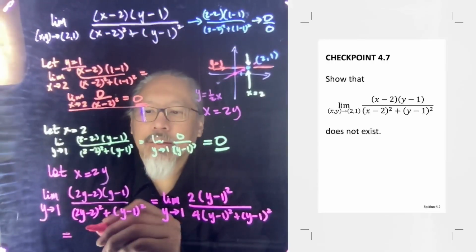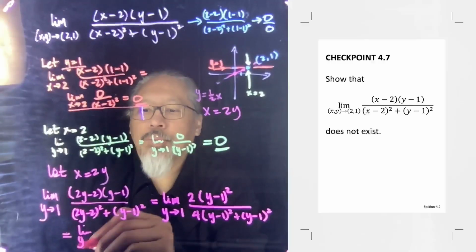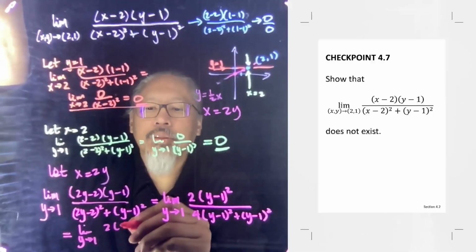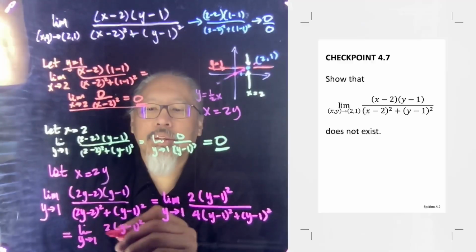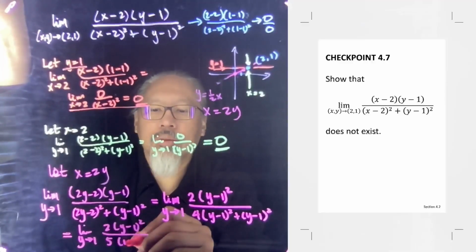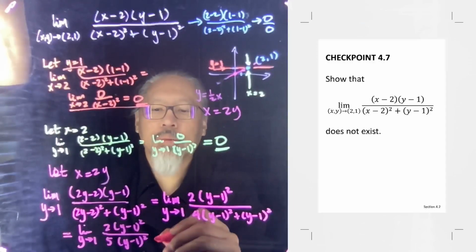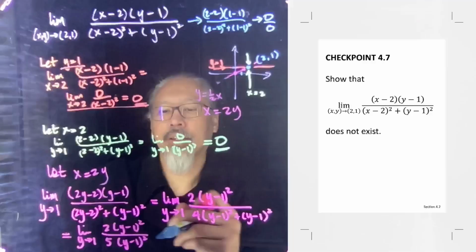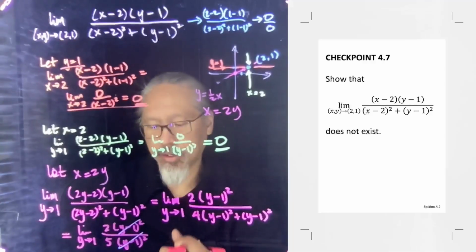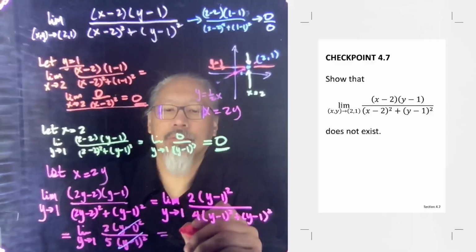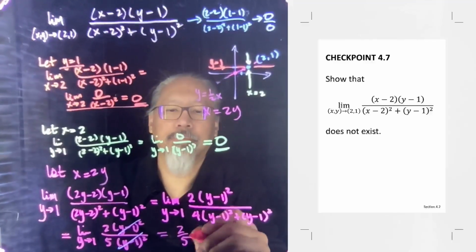So let's write this as a limit as y approaches 1 of 2 times y minus 1 quantity squared divided by 5 times y minus 1 quantity squared. And clearly those can get simplified, and before we even take the limit, we get a value of 2/5.